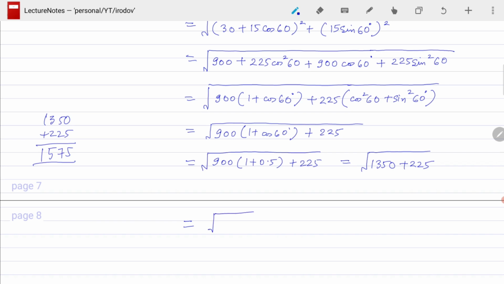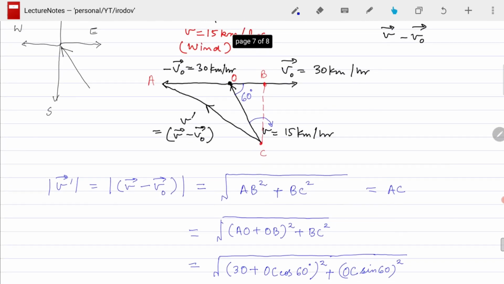So this is the square root of 1575. Using a calculator, this gives 39.69 kilometers per hour. This is the magnitude of velocity V dash, the relative velocity V minus V0, which is the magnitude of AC.